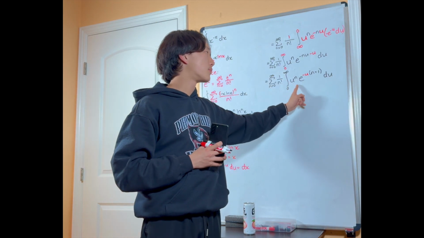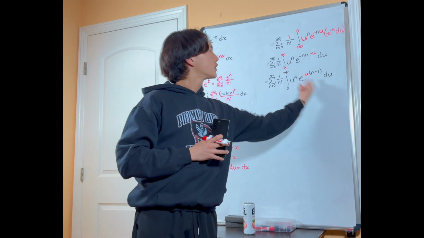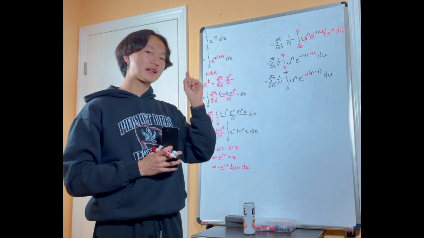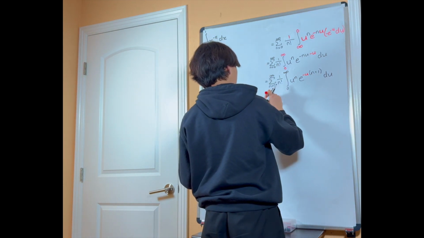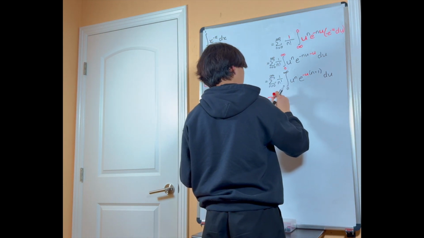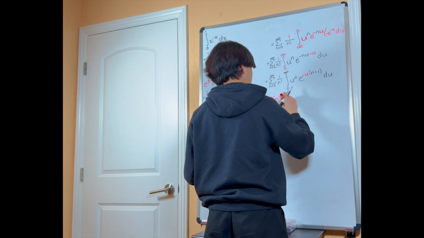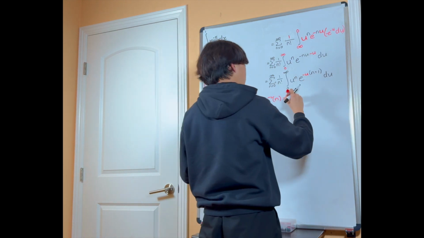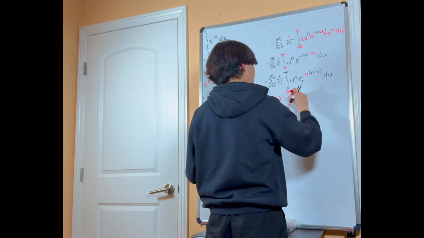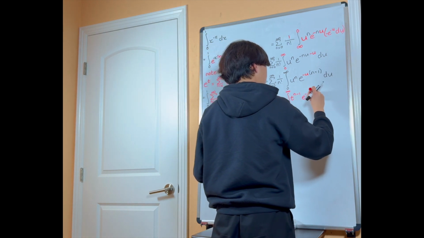We have the polynomial part, and we have the exponential part. All together, this almost looks like the gamma function. If you write it out, the gamma function of n is the integral with these bounds of t to the n minus 1, e to the negative t dt.